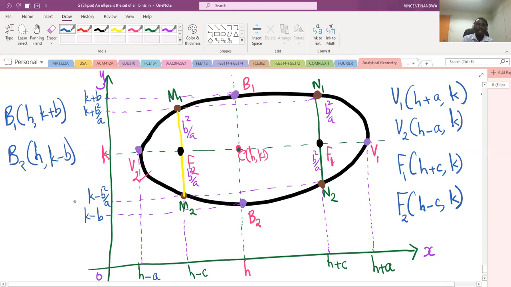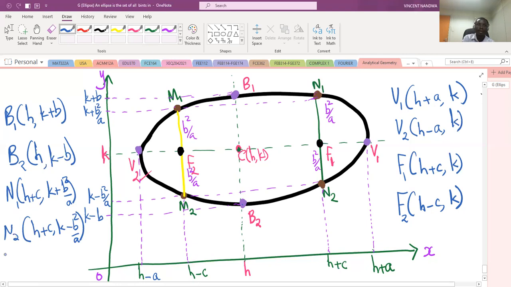Ends of the latus rectum: N1 will have coordinates x value h plus c, comma, y value k plus b squared over a. And then N2 will be (h plus c, k minus b squared over a).